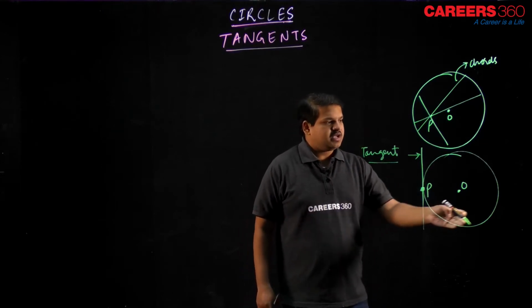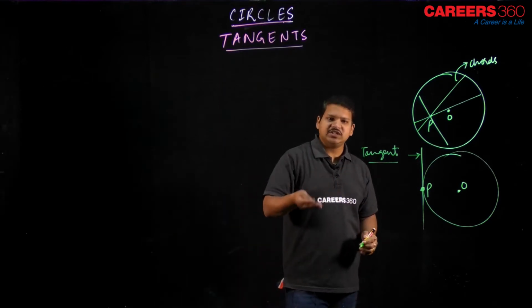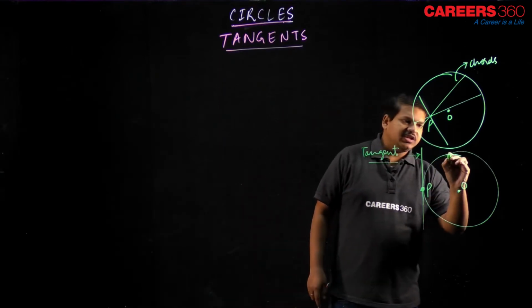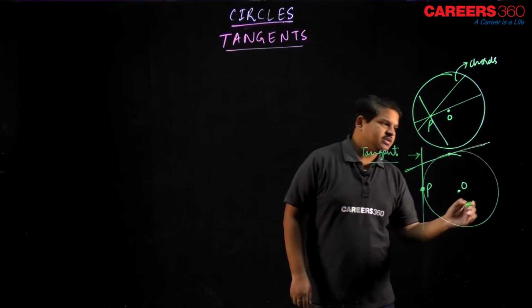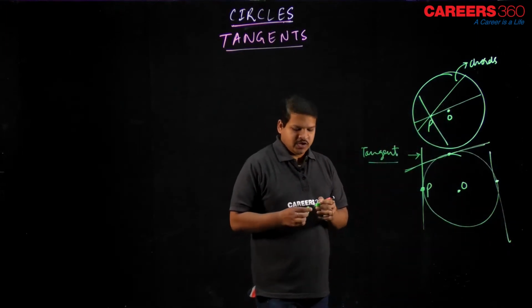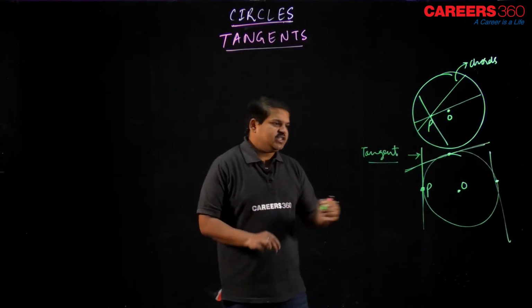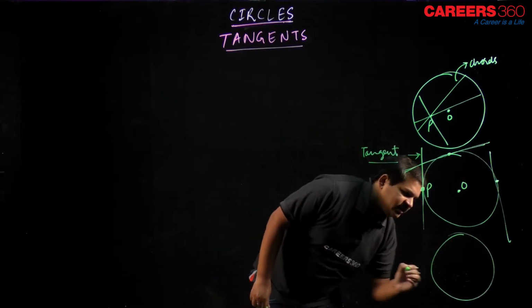There can be infinite points on the perimeter of the circle, and that's why infinite tangents can be drawn. For example, one tangent can be drawn like that, right? Similarly, another tangent can be drawn like that also. Now what about when the point is lying outside the circle?